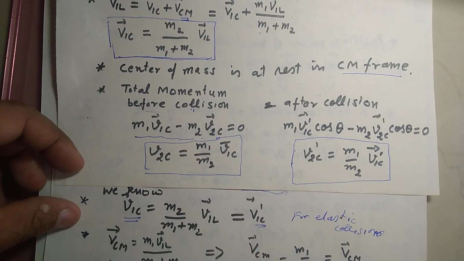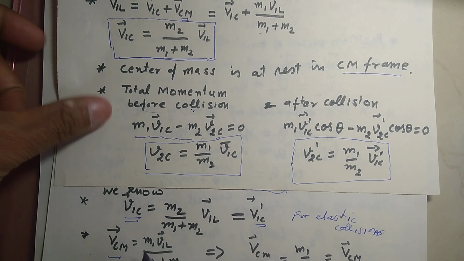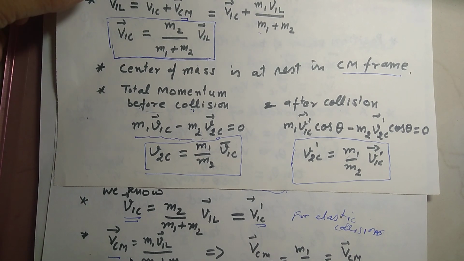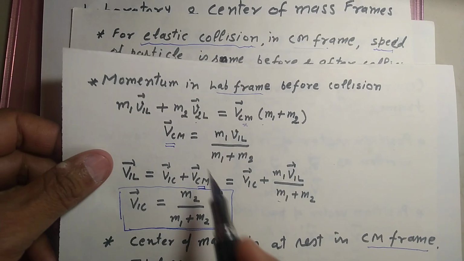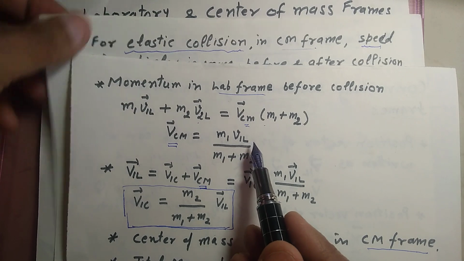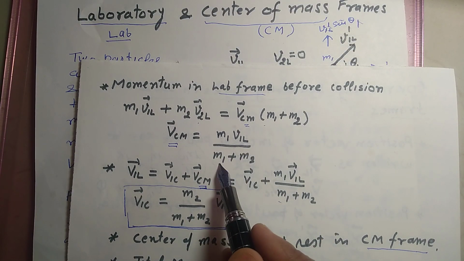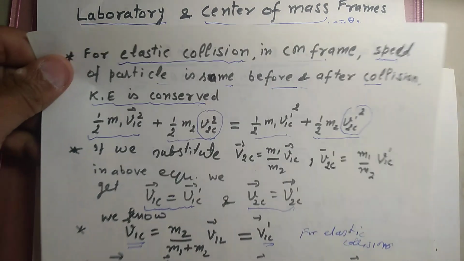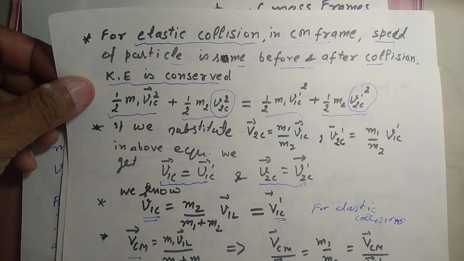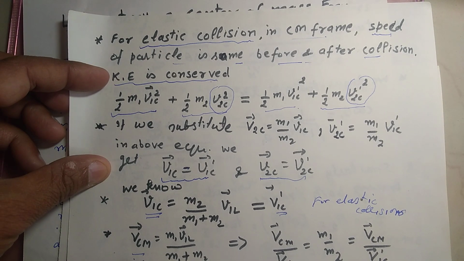And we know that the velocity of the center of mass, which we evaluated earlier, is vcm equal to m1 v1l divided by m1 plus m2. Use this value.